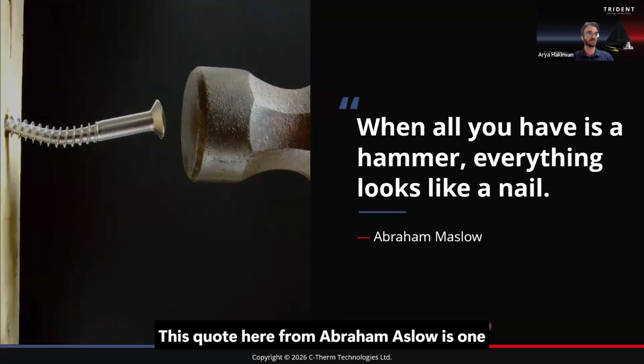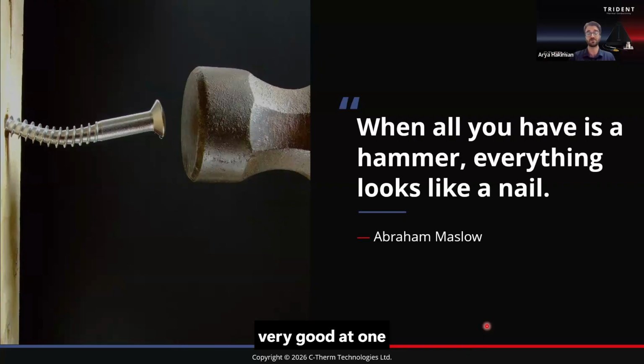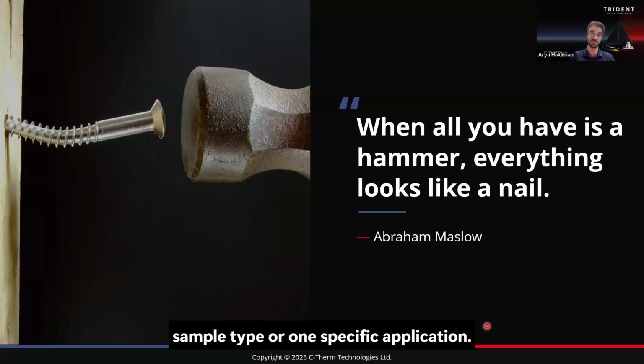This quote here from Abraham Maslow is one that we reference in the idea behind Trident. It embodies that idea very well: when all you have is a hammer, everything looks like a nail. One of the biggest sources of frustration and issues in measurements is when you take a device or an instrument that is very good at one sample type or one specific application, but not really designed for another, and then try to force it to work.